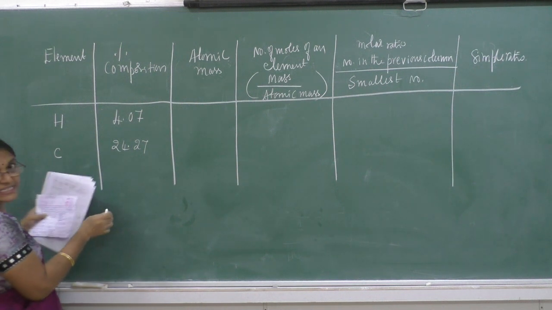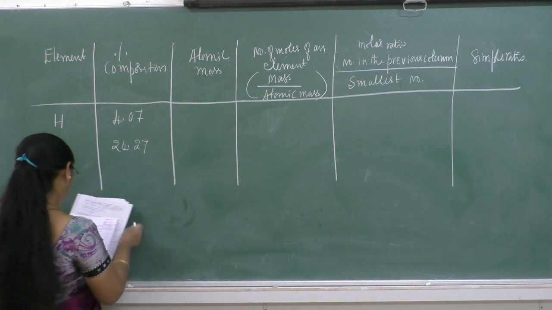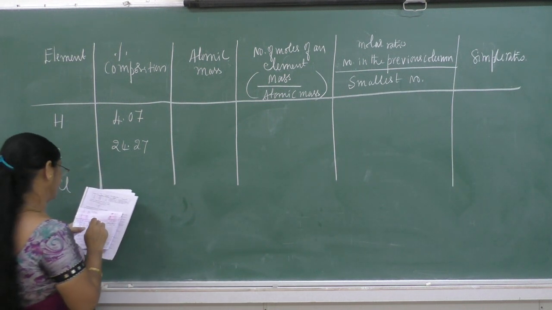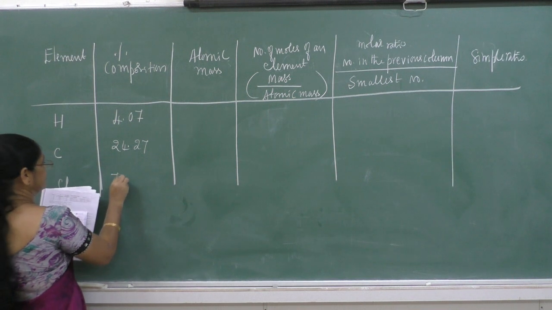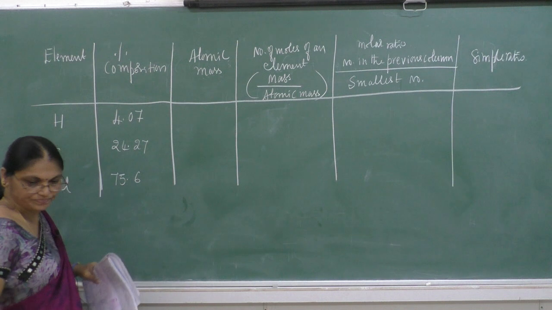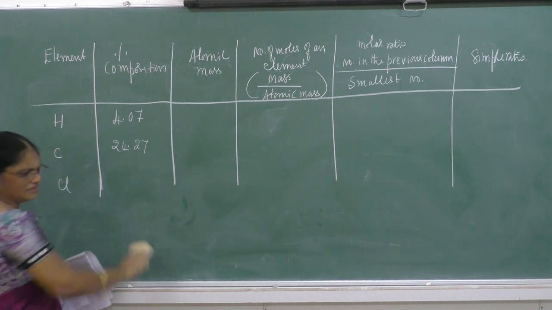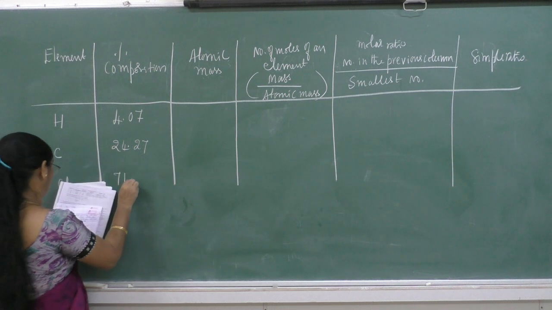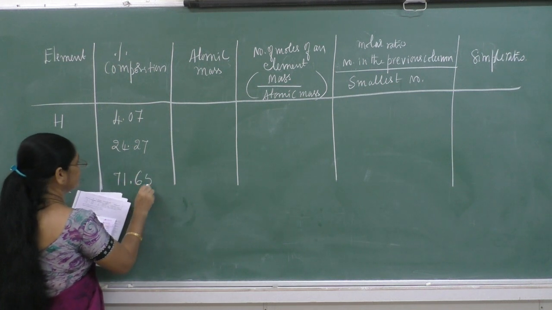The next element is chlorine, its percentage mass is 71.65.